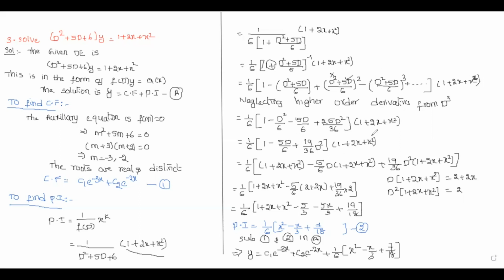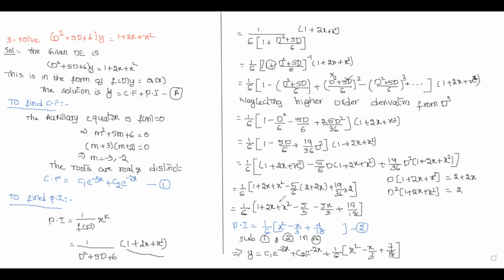Now multiply your 1 plus 2x plus x square inside. So it is 1 by 6 into 1 plus 2x plus x square minus 5 by 6 into D of (1 plus 2x plus x square) plus 19 by 36 into D square into 1 plus 2x plus x square. Now D of 1 plus 2x plus x square is nothing but 2 plus 2x. And D square of 1 plus 2x plus x square is nothing but 2.